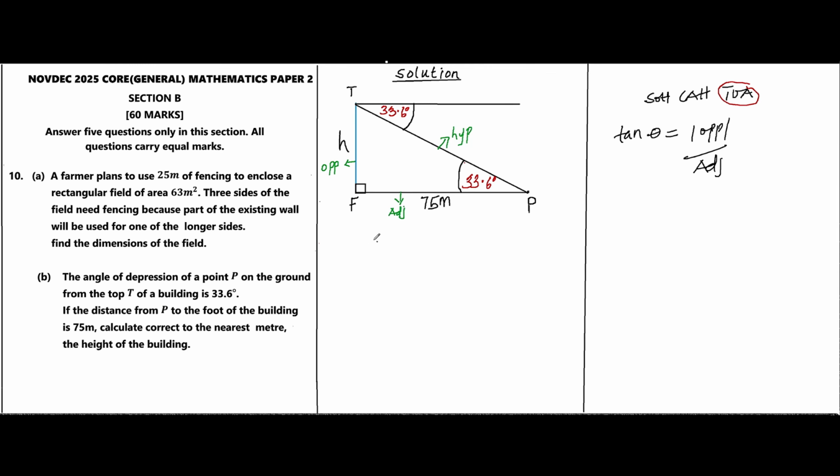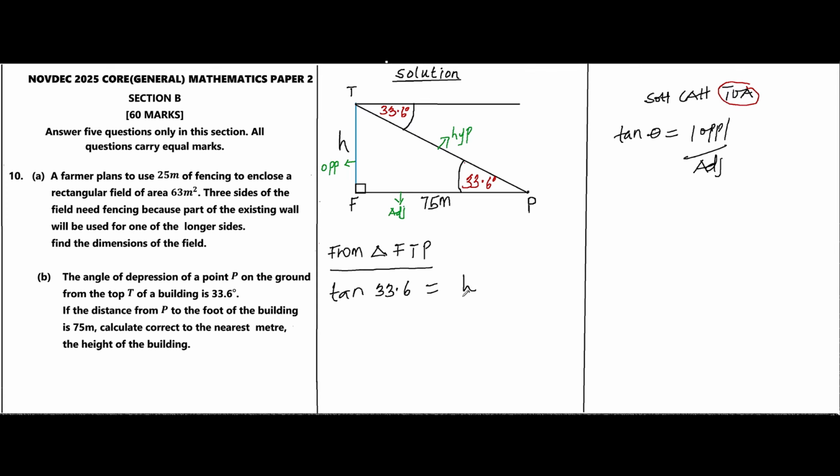So we can start with our calculation. So from the right angle triangle, we are naming the triangle FTP. From this triangle, we know that the tan of the acute angle, so the acute angle here is 33.6, is equal to the length of the opposite line TF.